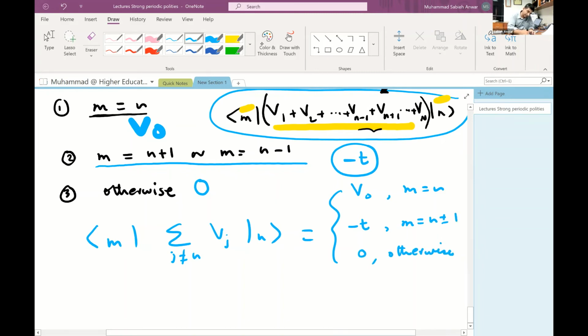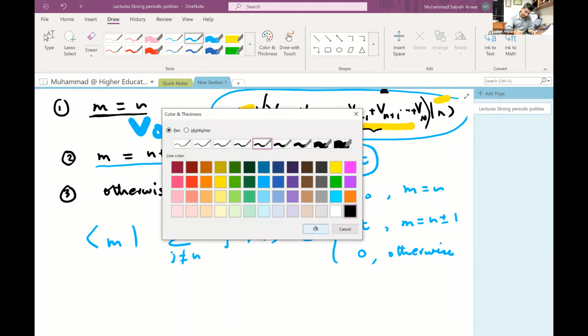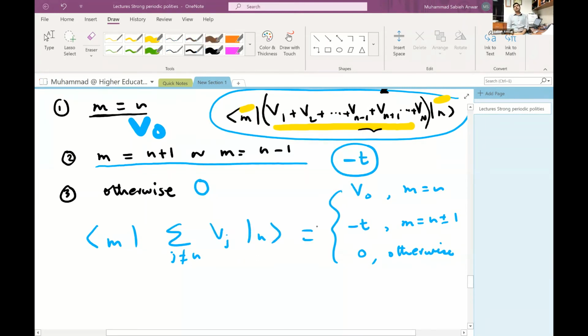Now if you look at different kinds of tight binding problems, you'll have to find out this matrix element. In our supposition, we have provided the physicist with the premise that only nearest neighbor hops are possible.